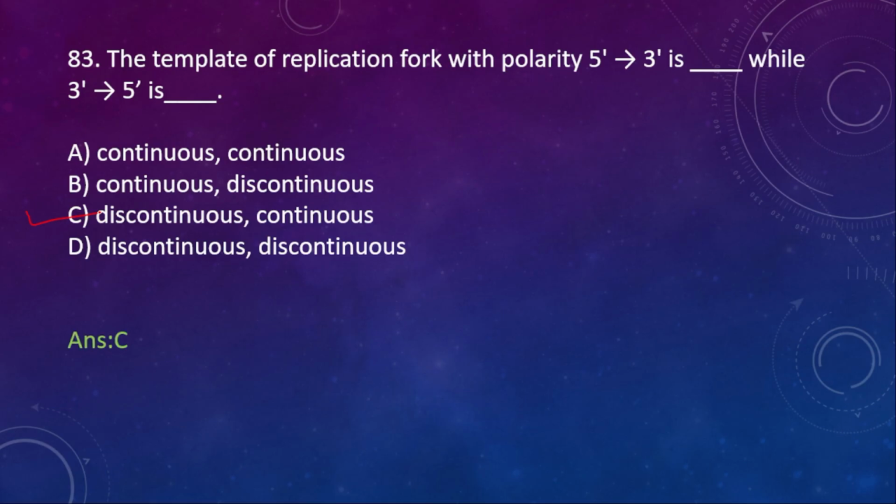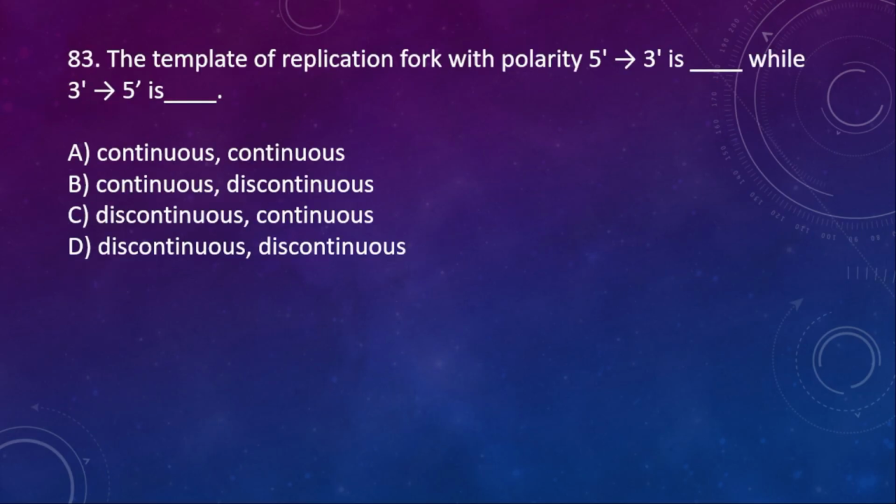So here the right option is option C. DNA polymerase only synthesizes a new DNA strand in the 5' to 3' direction, isn't it? That means it adds new nucleotides only at the 3' end of the growing strand. That's why this will be the continuous one and this will be the discontinuous one.